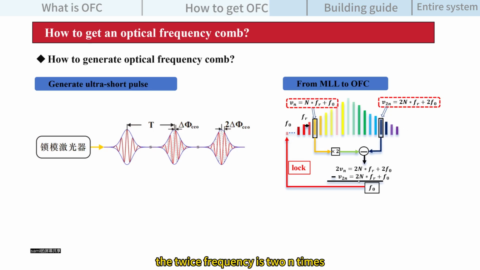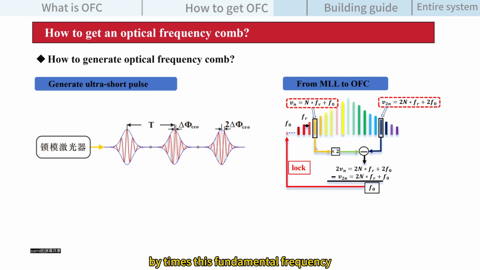The twice frequency is 2n times repetition frequency plus the zero frequency, and the fundamental frequency is n times repetition frequency plus the zero frequency.